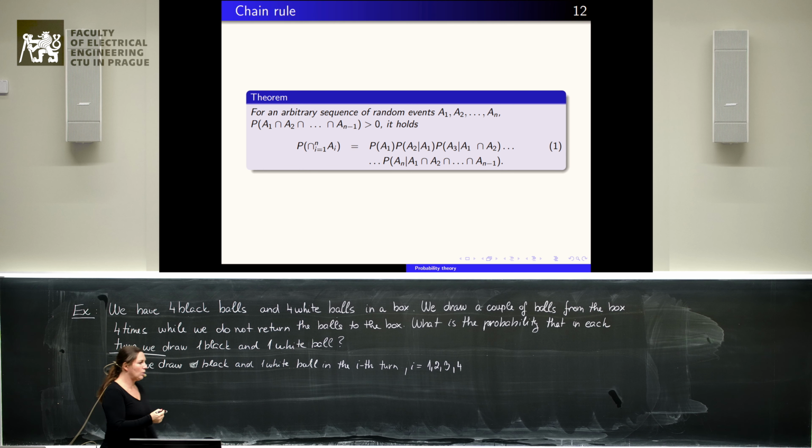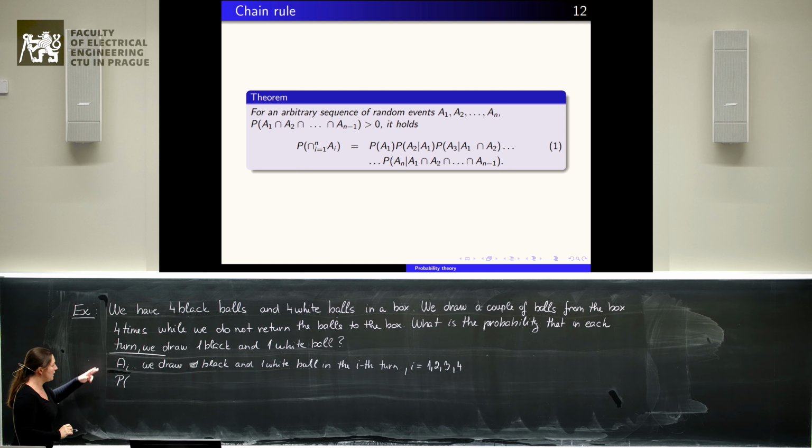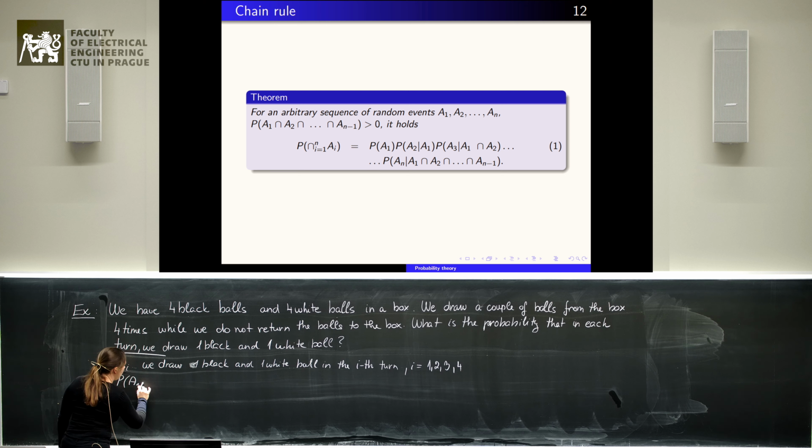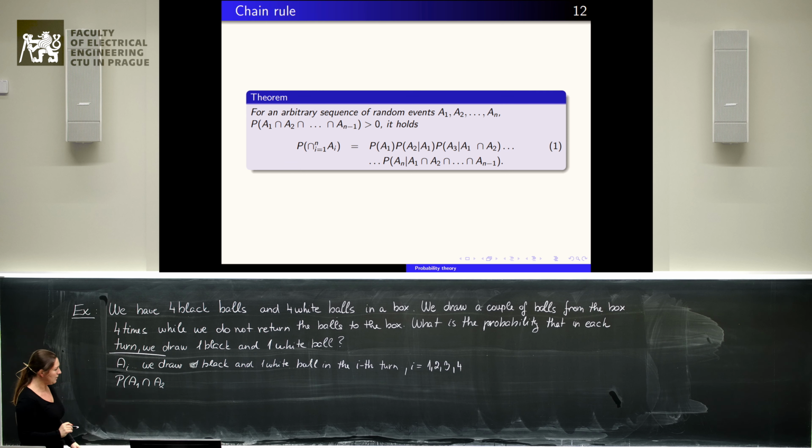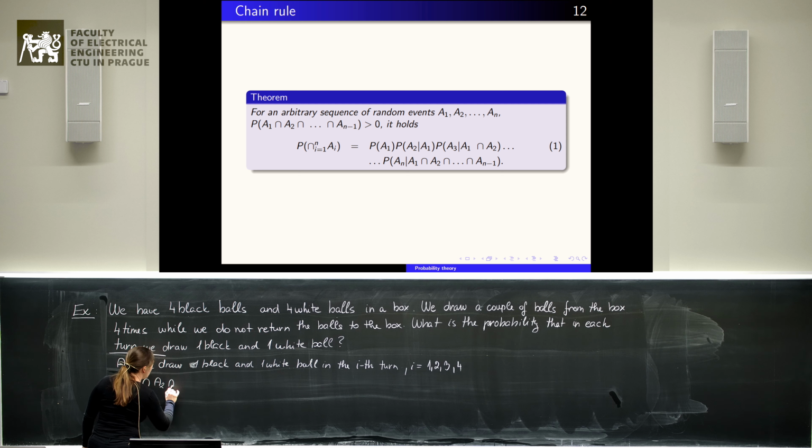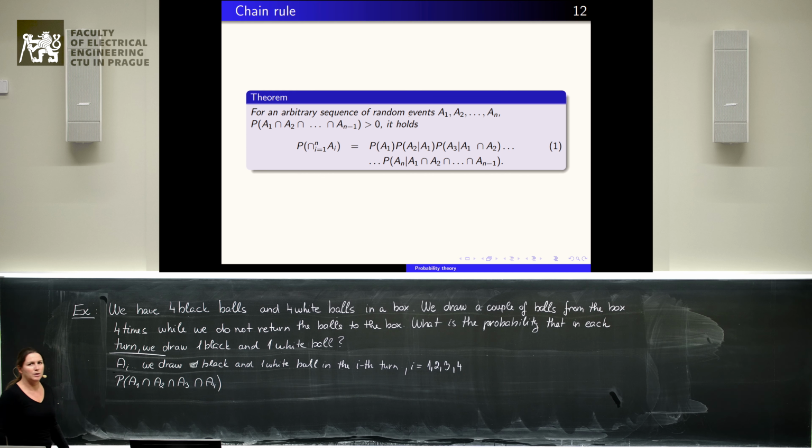Then we want to calculate the probability that in the first turn we draw one black and one white ball, and also in the second turn we draw one black and one white ball. The same must occur in the third turn and in the fourth turn. So all these events must occur together.